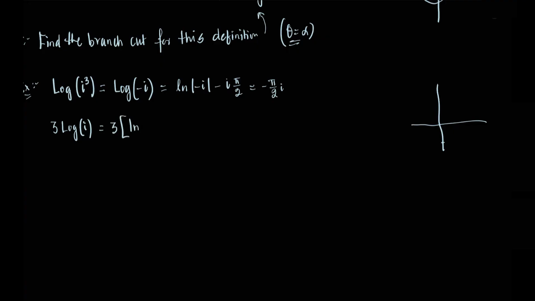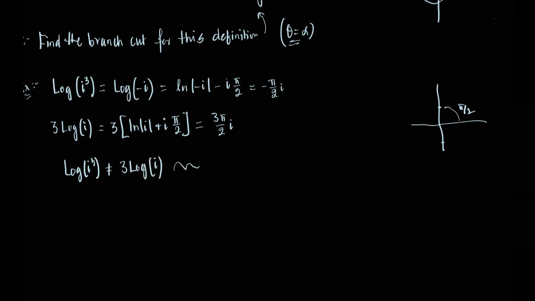It is log of mod i, which is 1, log of 1 is 0, and then plus i times the argument, which is pi by 2. So it is i times pi by 2. So it is nothing but 3 pi by 2 times i. So you see, in this case, log of i cubed is not equal to 3 times the principal log of i.